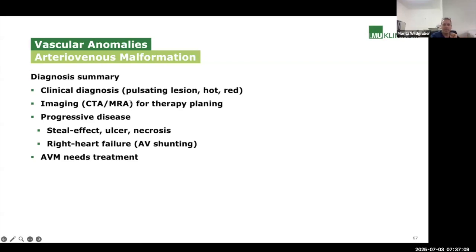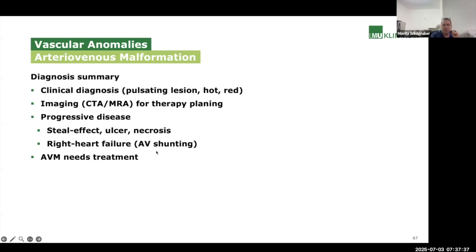You do your imaging for therapy planning. You think of the classification. Do you have a dilated vein that could be a good access? Is there possibility for direct puncture? Or is it a very anatomically easy lesion with not a lot of feeders, and that is the only situation where one could place a coil or a plug or something like that?